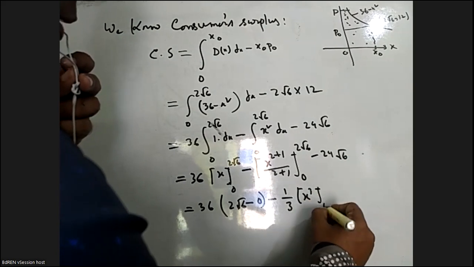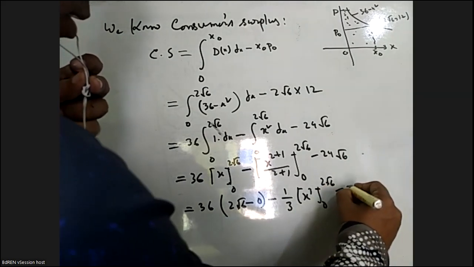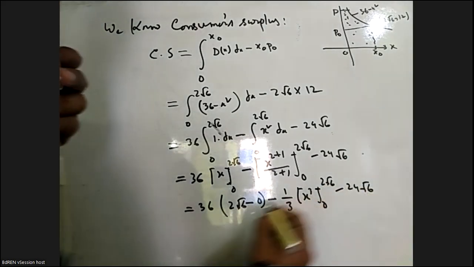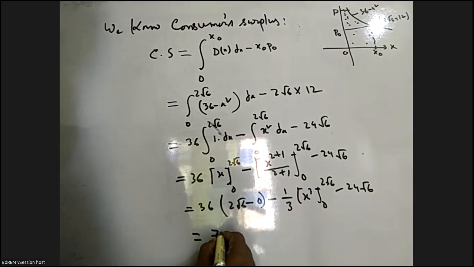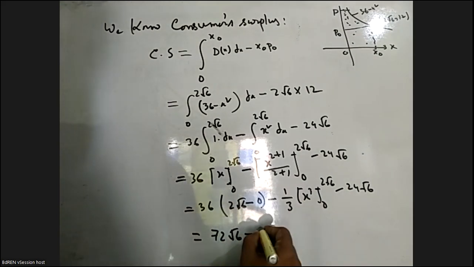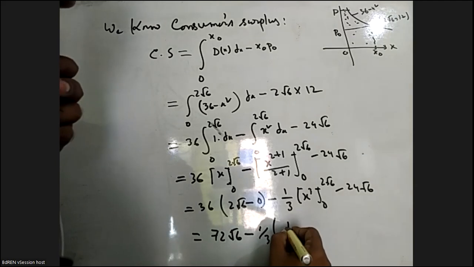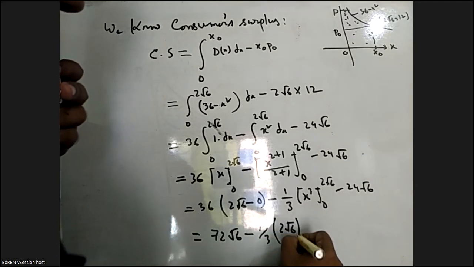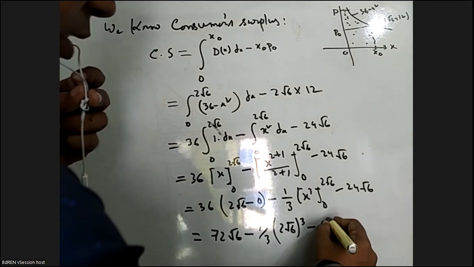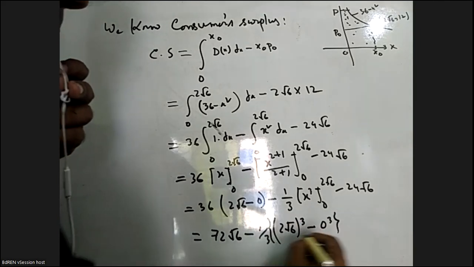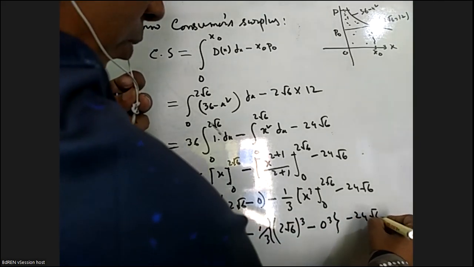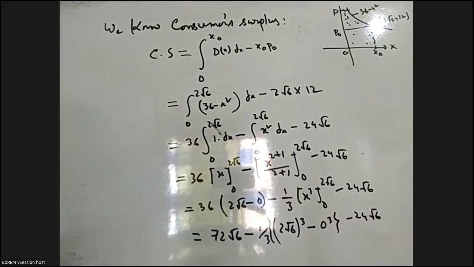So this is 72 root 6 minus 1 by 3 times 2 root 6 whole cube minus 0 cube, minus 24 root 6.